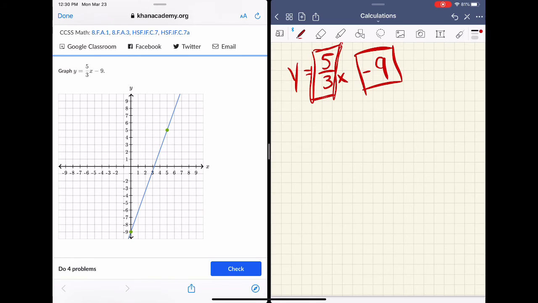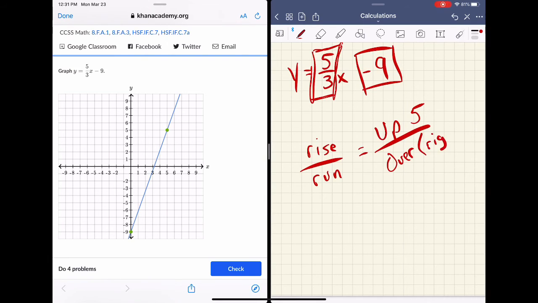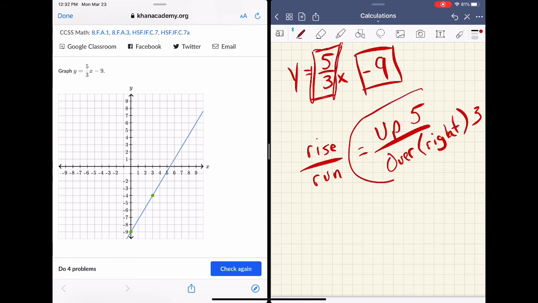So remember, rise over run is going to be up 5 and over to the right 3, because we don't have any negatives here. So from our point down here, 0, negative 9, we would go up 1, 2, 3, 4, 5. It's already over 1, so we would go over an additional 2, 3. There, we went up 5 and over to the right 3.